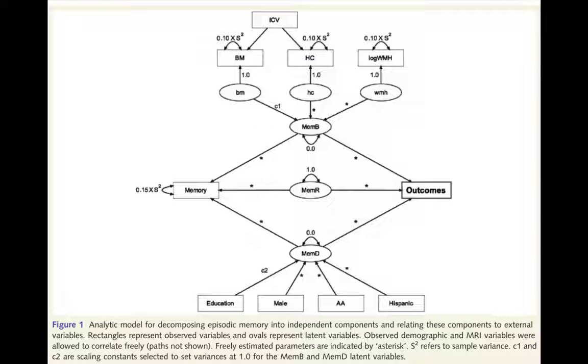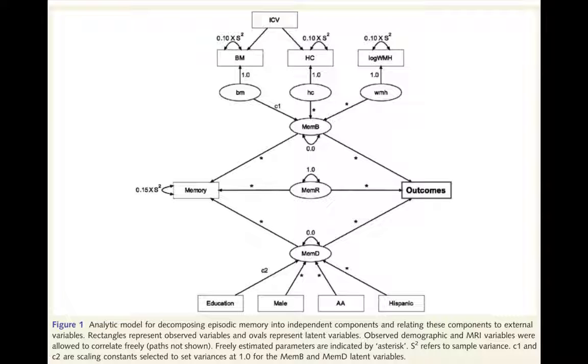So this is the infamous model that you've already seen several times, and I want to point out some things about this. First of all, there's multiple places where we're doing the trick of capturing a residual from a latent variable from a regression.